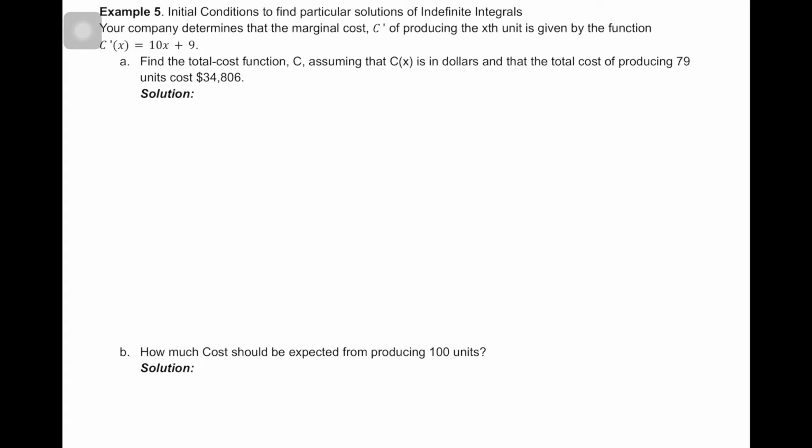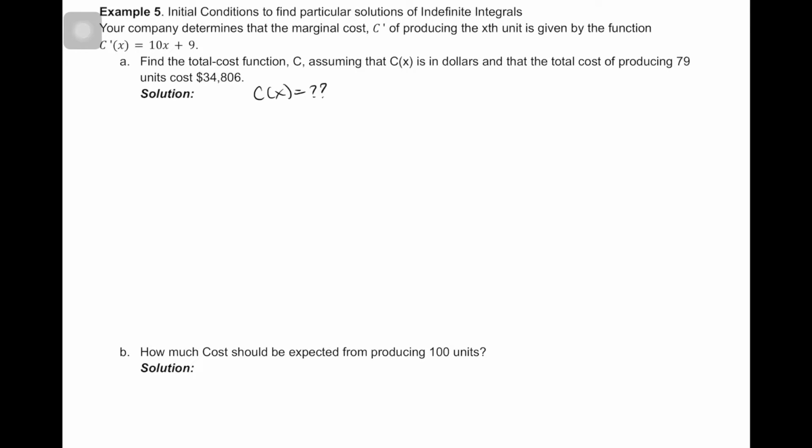Find the total cost function C, assuming that C of x is in dollars, and that the total cost of producing 79 units costs $34,806. All right, so they're giving us the marginal. Here's the marginal. They're asking us to find the original cost function, right?